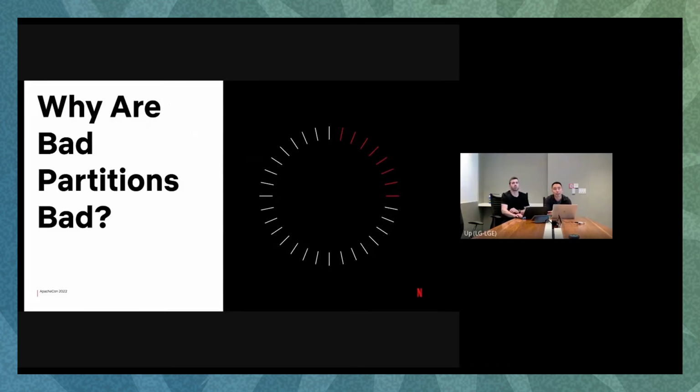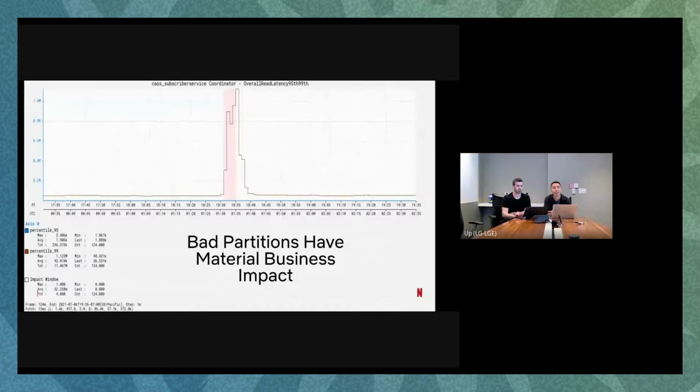Yeah, so the first question you may ask is why are bad partitions really bad? This is one example showing a recent incident caused by bad partitions. This graph shows the P99 read latency.